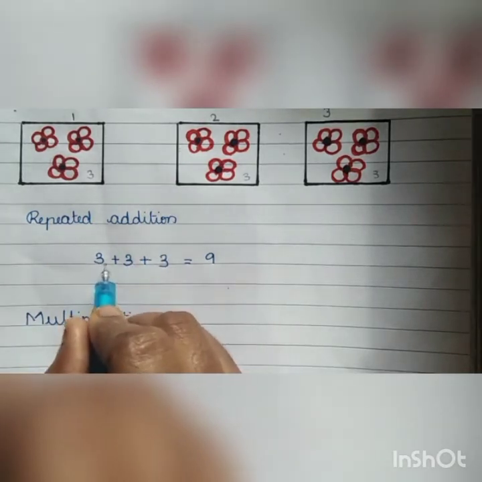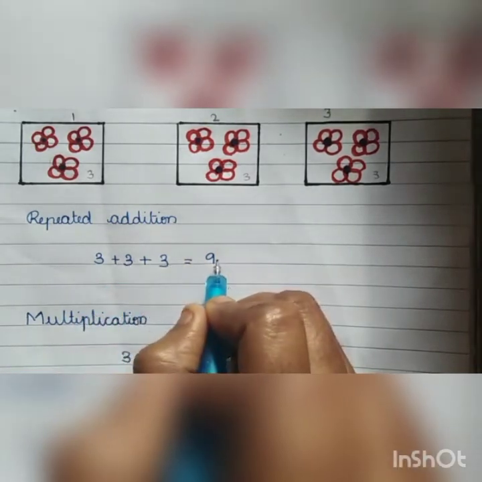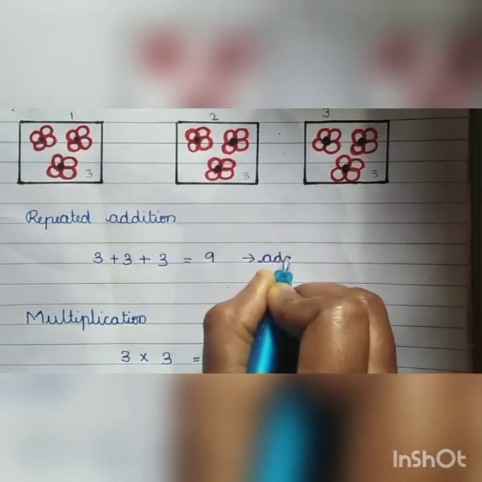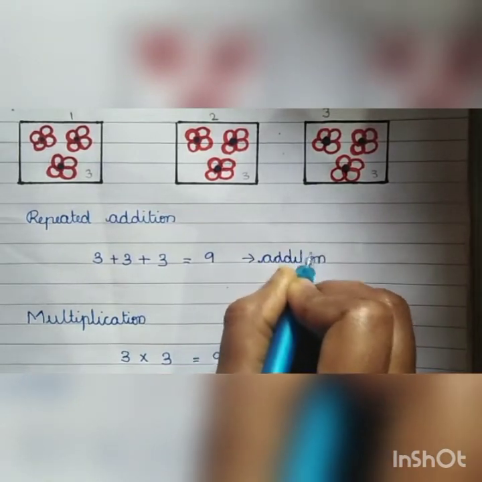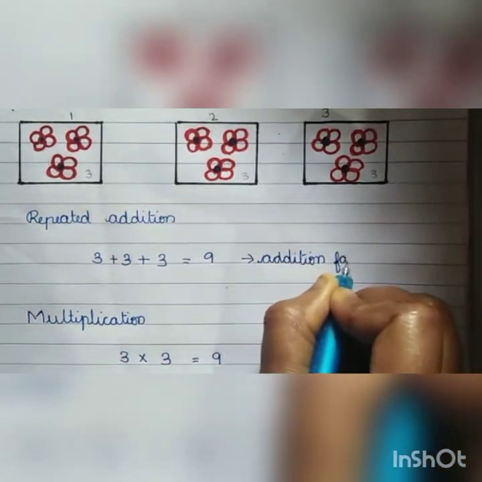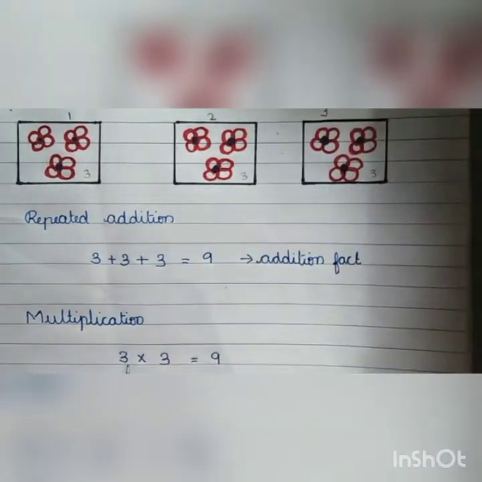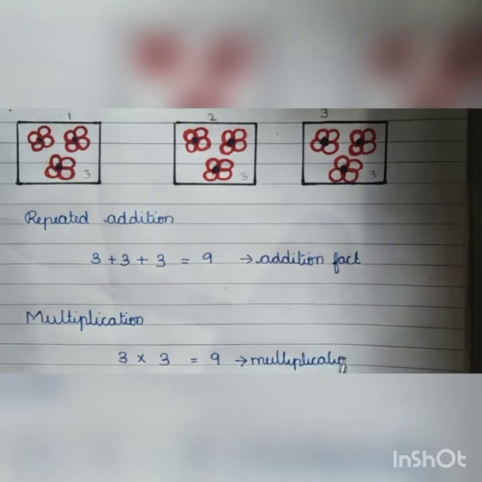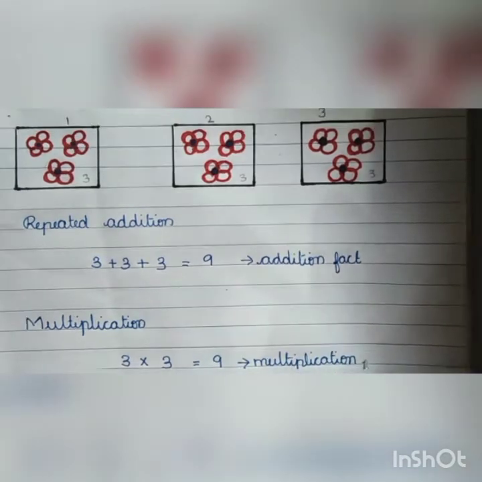Here the statement 3 plus 3 plus 3 equal to 9 is called addition fact. And the statement 3 into 3 equal to 9 is called multiplication fact.